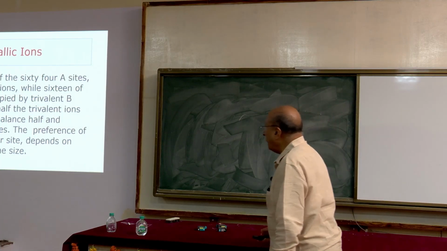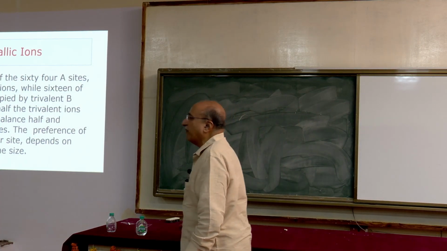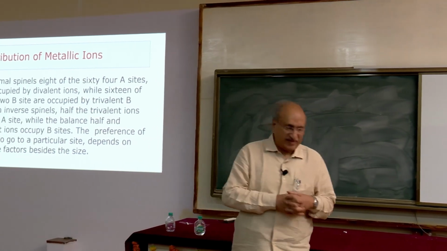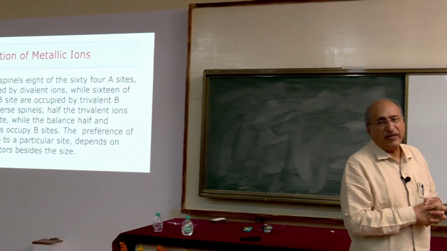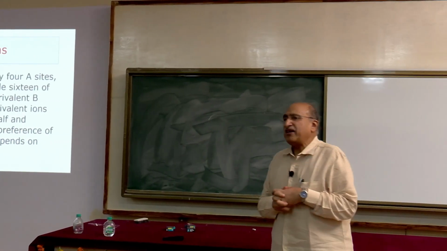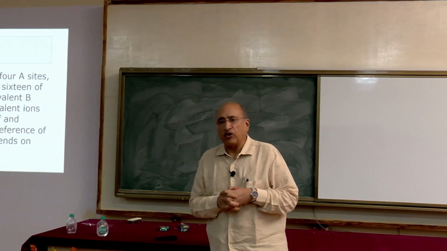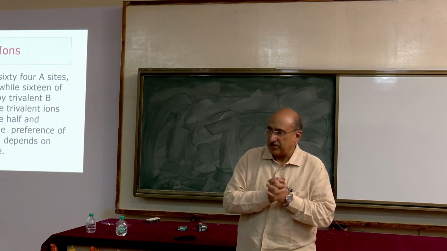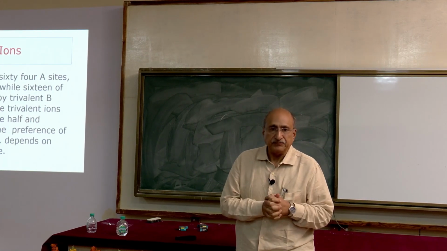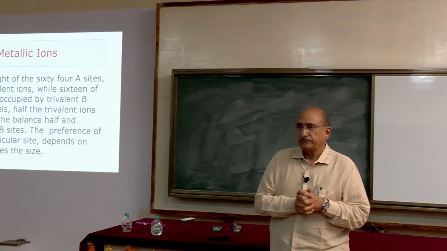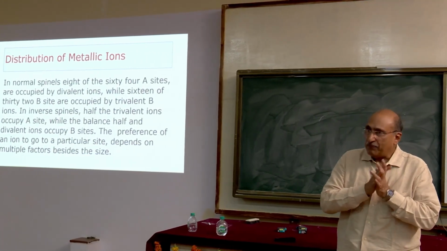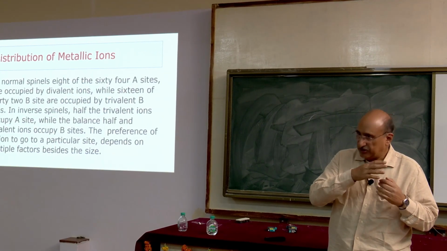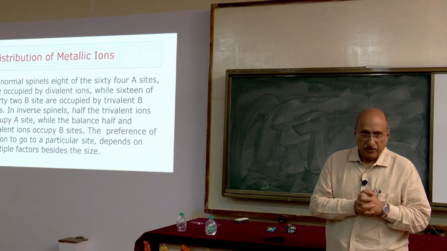The preference of an ion to go to a site depends on multiple factors besides size. Size is only one of the criteria. There are many other criteria. In fact, which ion goes to which site is a very, very complicated thing. There are so many factors which decide this. Normally a 3+ ion should have a smaller size because 3 of its electrons have been stripped off.